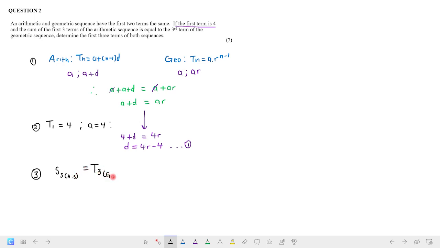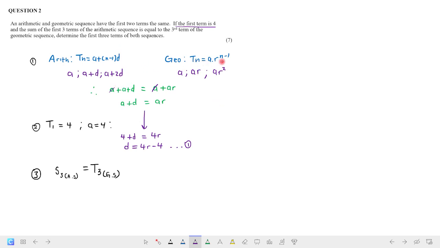So what does this mean? This means in the arithmetic sequence, if I have three terms, let me just add a third one there, three terms like that, when I add them, they are the same as this one.